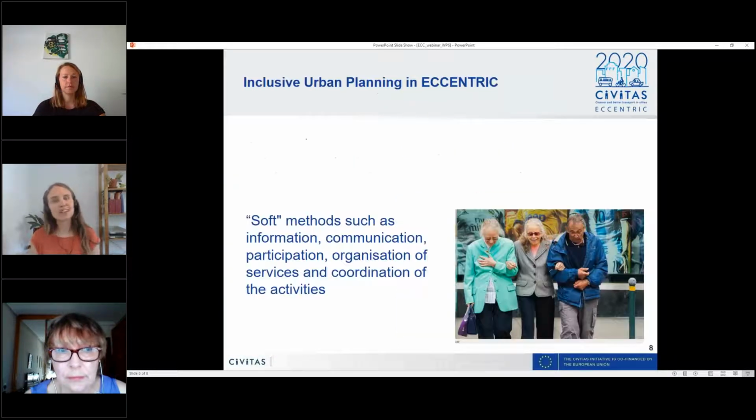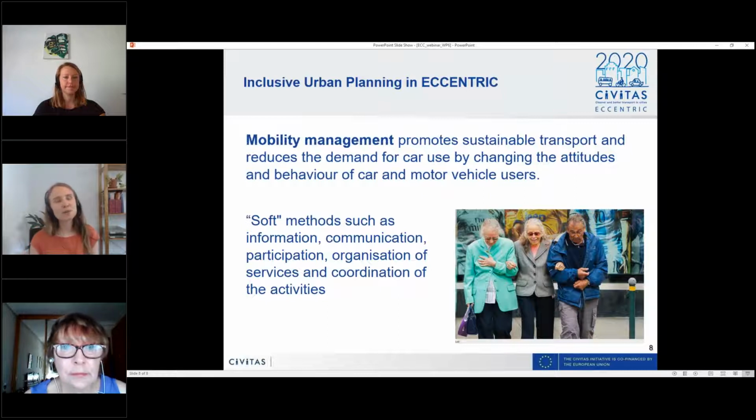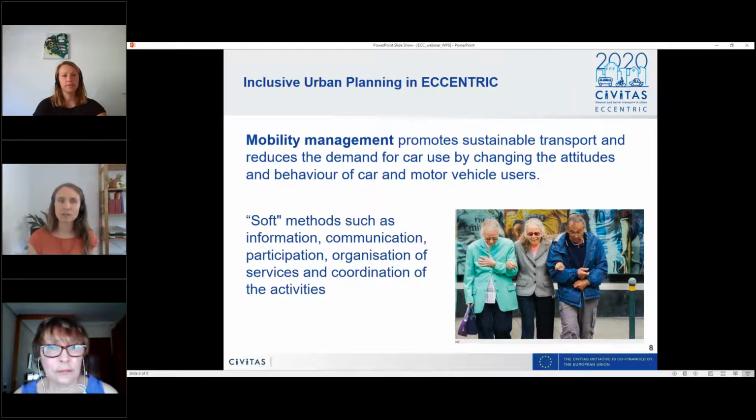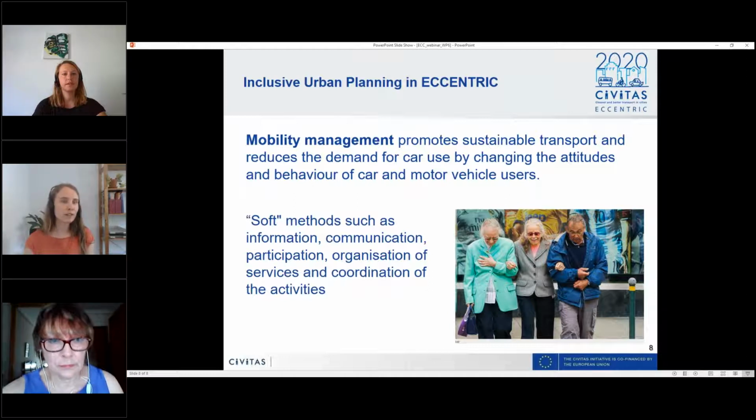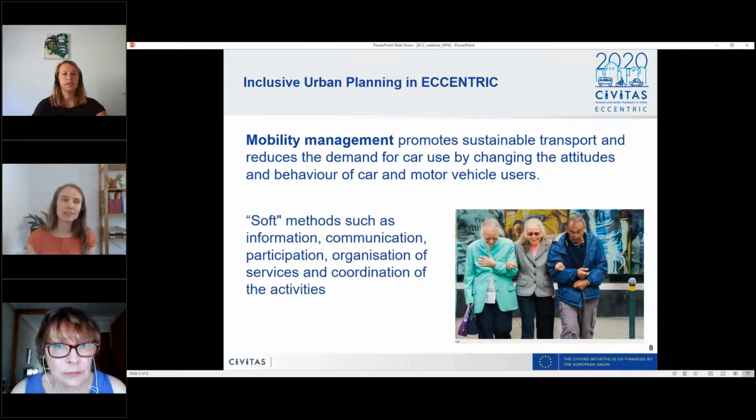So inclusive urban planning in Eccentric focuses on mobility management that promotes sustainable transport and reduces the demand for car use by changing the attitudes and behavior of car and motor vehicle users. So this part of the project focuses on soft measures such as information, communication, participation, organization of services, and coordination of the activities.